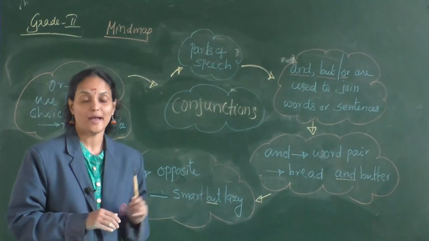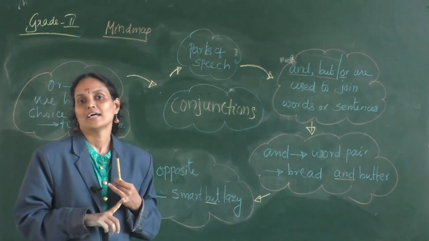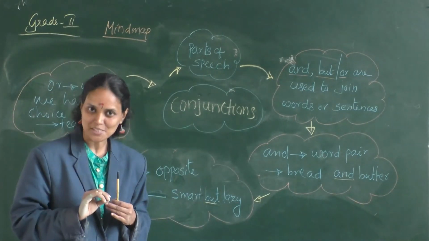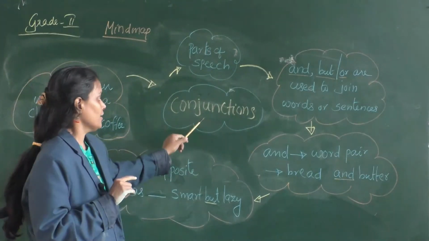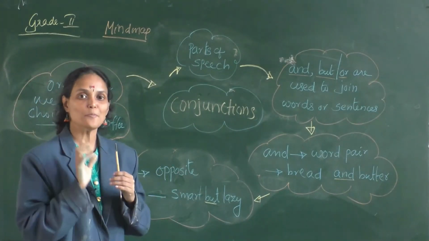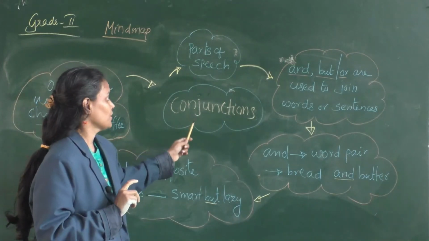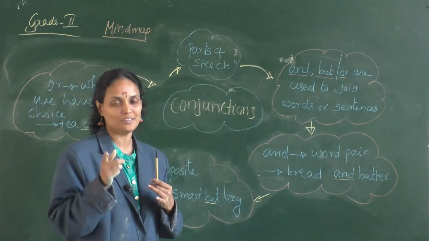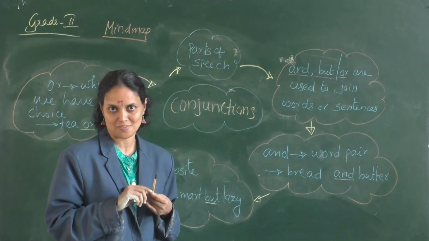Children, here is the mind map of the lesson conjunctions. We were discussing three main conjunctions which are widely used in English language: and, or, but. And these conjunctions are one of the major parts of speech of the language. Last time we discussed about parts of speech. Do you remember? Noun, pronoun, verb, adverb, adjectives, conjunctions, interjections, prepositions.